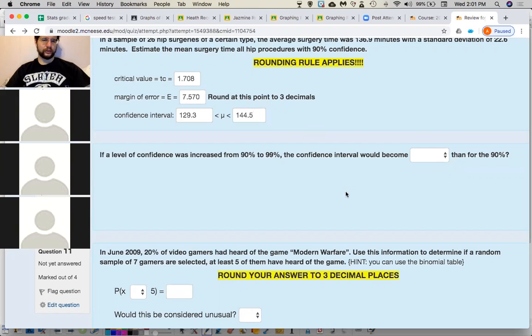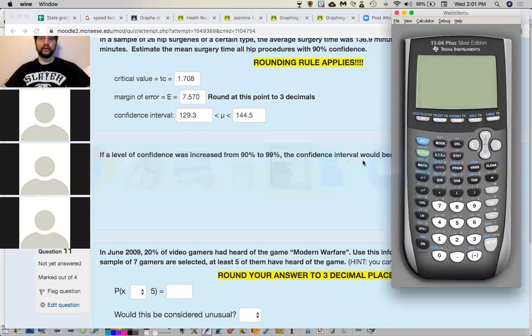3 points on the next one. You're increasing your confidence. That means you're making a wider window there. If you think about it, to be more sure, you have to include more numbers. So your interval will become bigger. And since we have a TI, we might as well just see what that would look like.